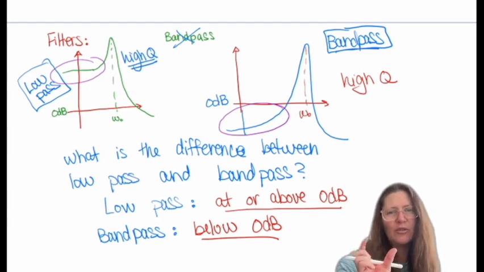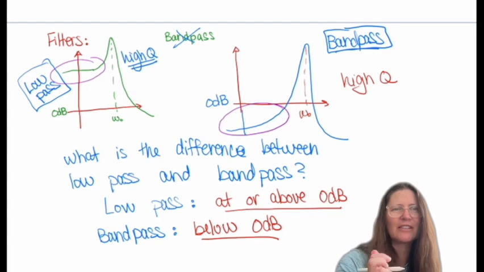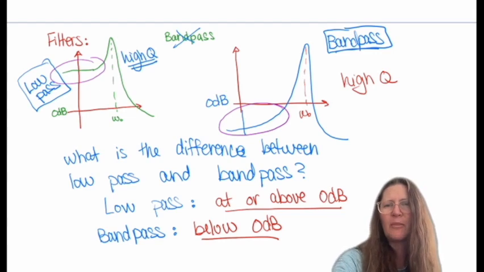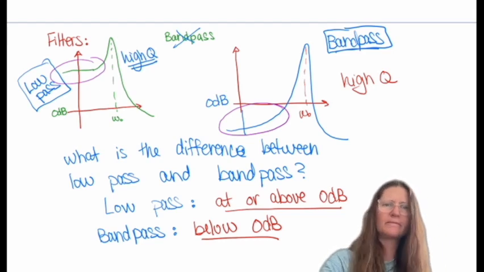But the way you can find if it is low pass or band pass is that beginning portion, whether it's 0 dB or above 0 dB. And a band pass will be below 0 dB. Does that make sense? Okay.